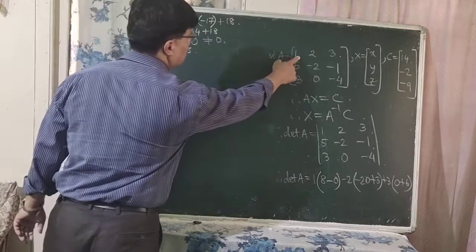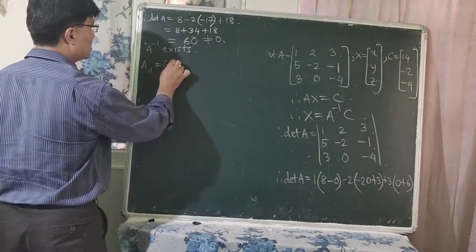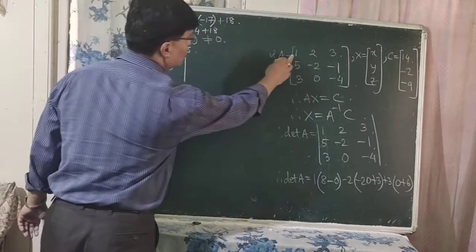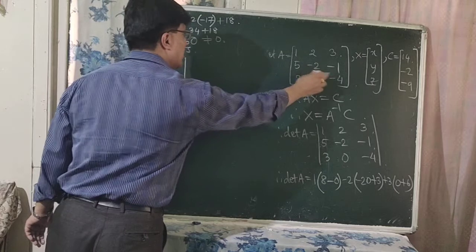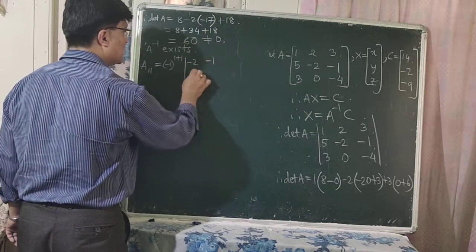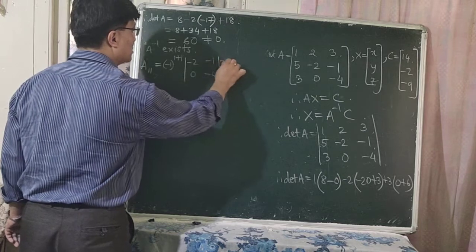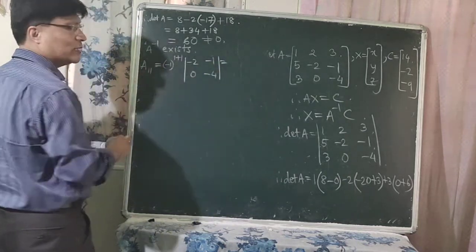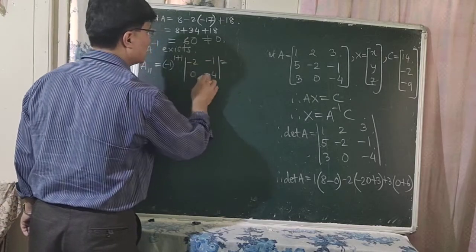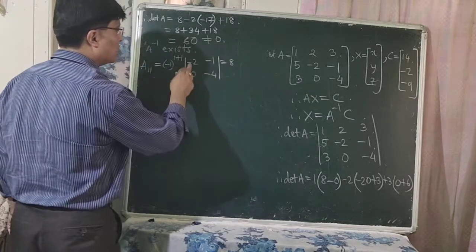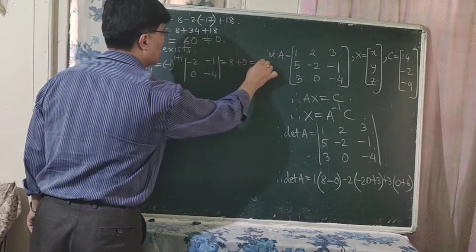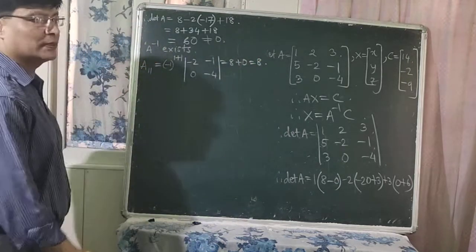Consider the sign minus 1 to the power 1 plus 1. Now delete the row and the column of the element 1. That means minus 2, minus 1, 0, minus 4, which is equal to minus 1 whole square, which is plus. Usually we don't write it. Now cross multiply: minus 2 into minus 4 is plus 8, then minus 0, which is equal to 8. Right?